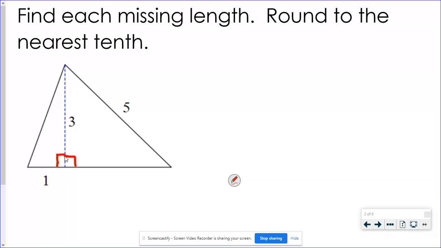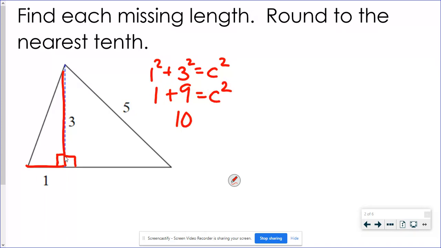So for instance, in the triangle on the left, I know that my legs are 1 and 3, right? And those have to be the legs. They make the right angle. So I would have 1 squared plus 3 squared equals c squared. So 1 plus 9, and that's going to be 10. But again, I don't want c squared.